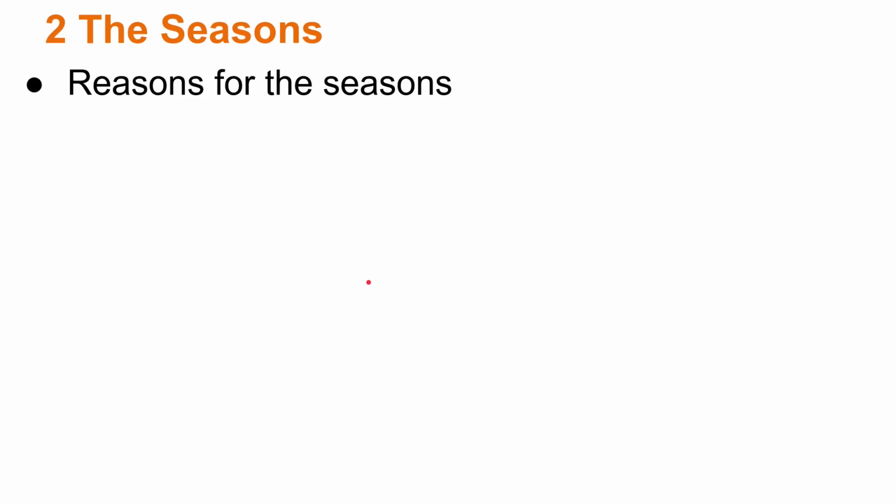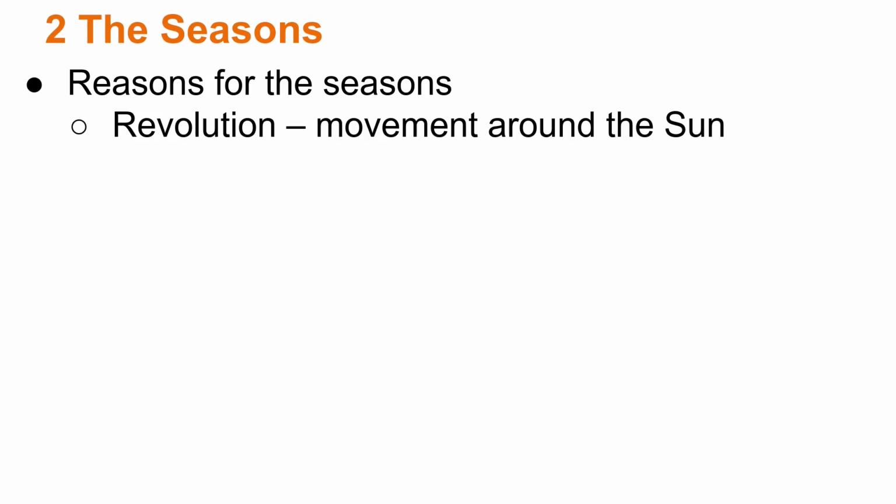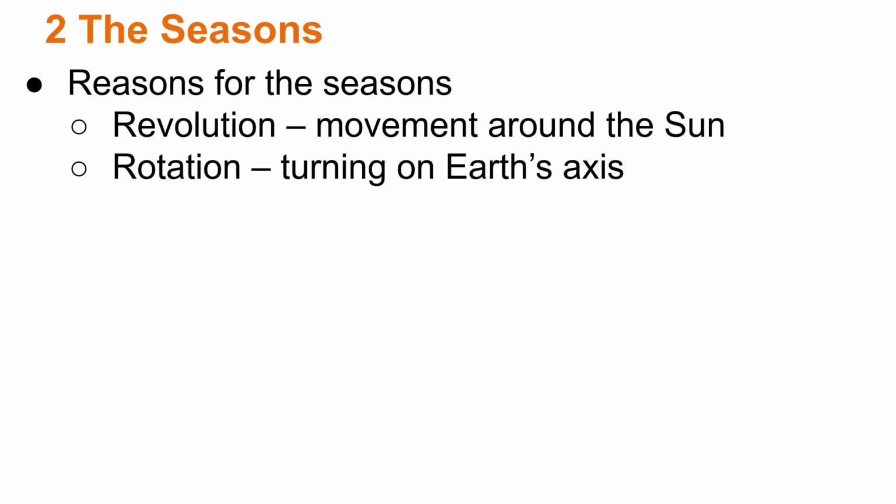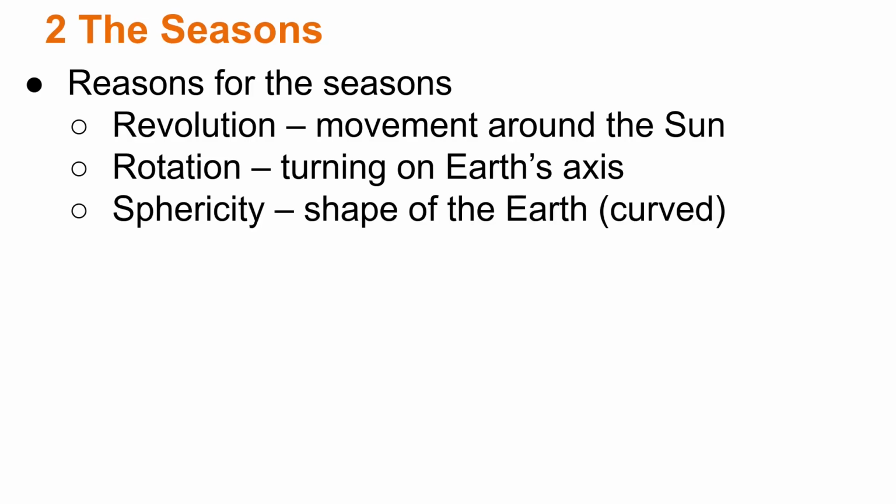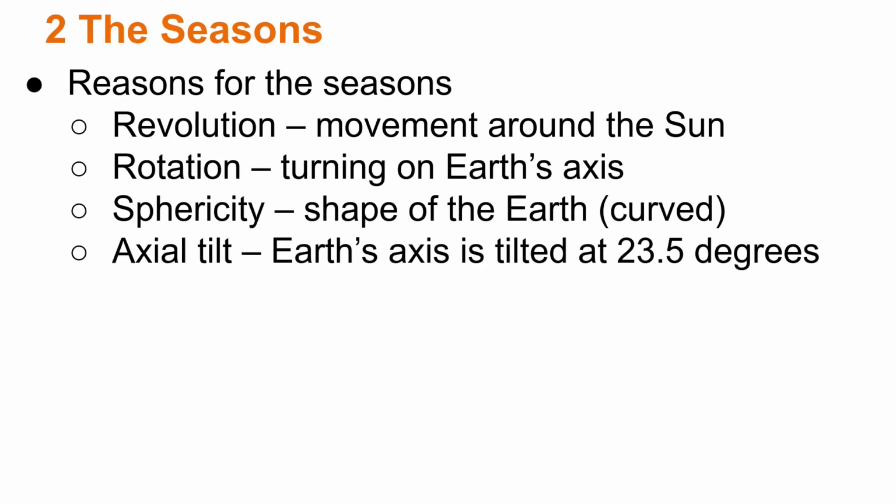So there are 5 reasons for seasons. We've got revolution: Earth revolves around the sun once every 365 point something days. Rotation: Earth rotates on its axis once in 24 hours. Earth is spherical. Earth's axis is tilted at 23.5 degrees off of its orbit.